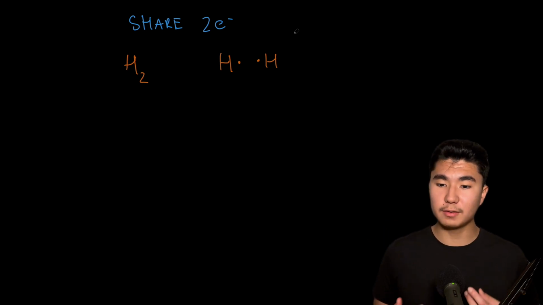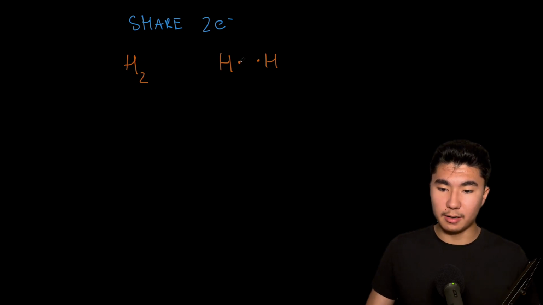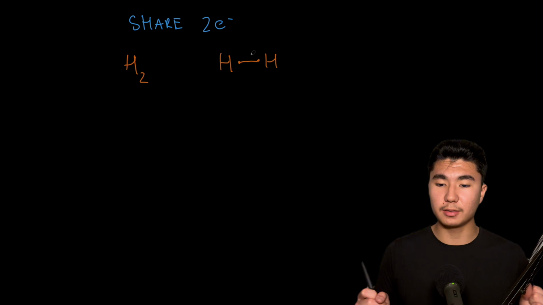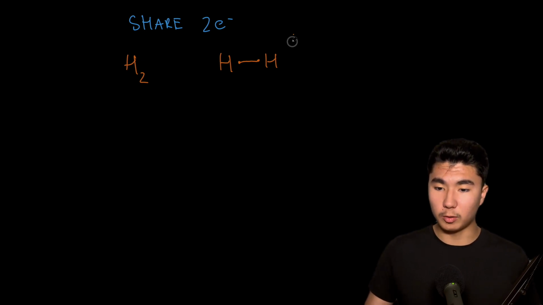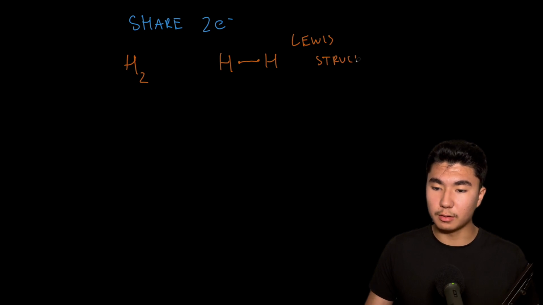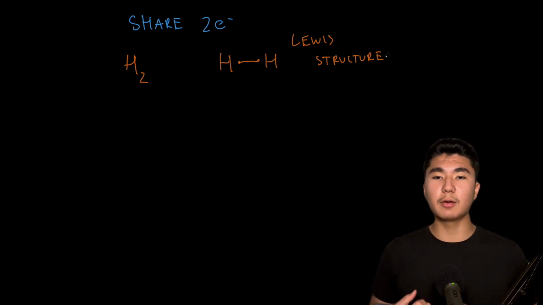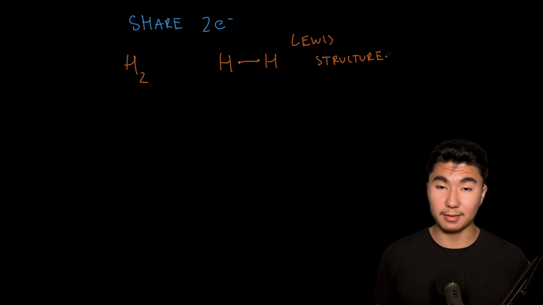Since they have one valence electron, we're going to be creating a bond, and that straight line just represents two electrons being bonded together, and this is what we see in hydrogen through our Lewis structure. Through our Lewis structure, we can understand that with covalent bonds, we're using these valence electrons and basically sharing them, creating that bond.